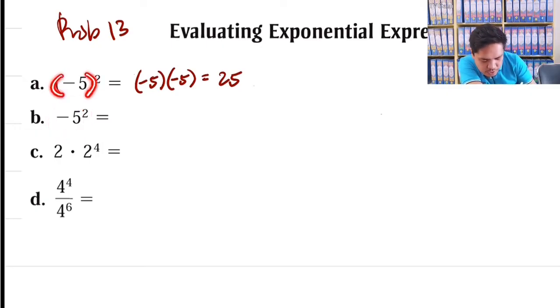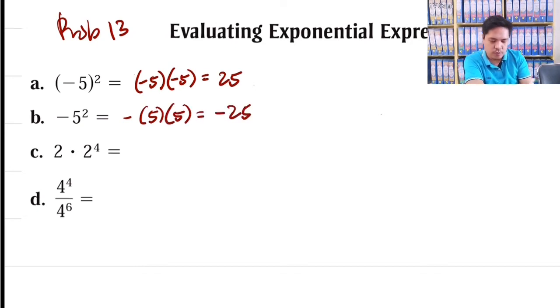Itong parenthesis means that ang in-square mo is this whole negative 5, the whole term. Kasama siya sa in-square. But this time, ang in-square mo lang is yung 5. So, meaning this is negative 1 times 5 squared. So, that would be negative times 5 times 5. The answer is negative 25.